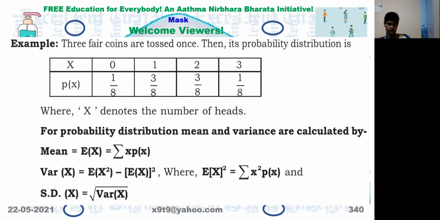Then for 4, it is 1 by 6. For 5, 1 by 6. For 6, 1 by 6. Now, for this, you calculate mean, variance and standard deviation.